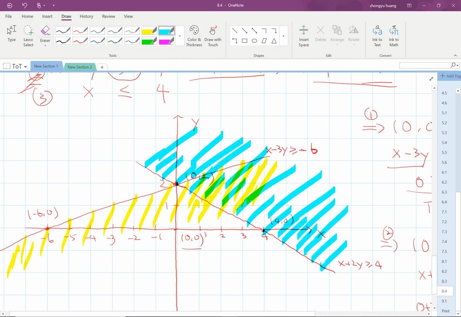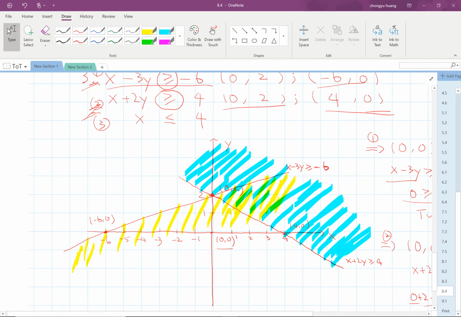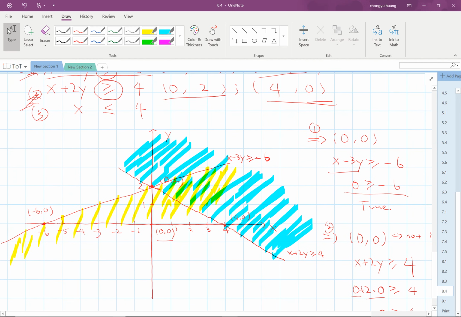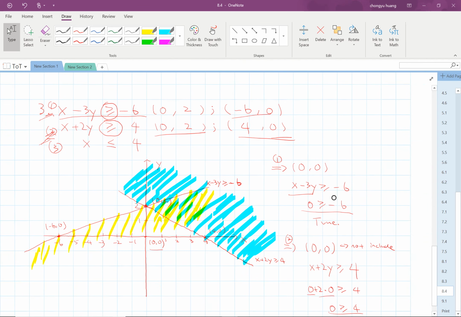This is going to be the whole region of it. Take a look. So now we have completely finished the graph of the second equation.